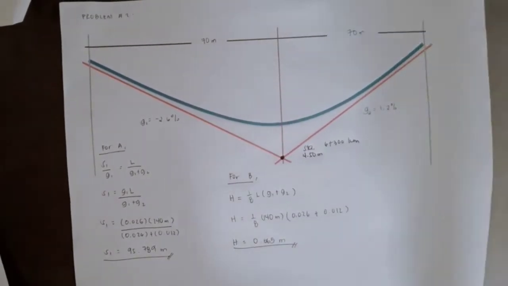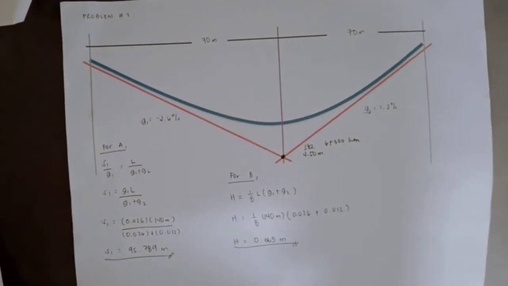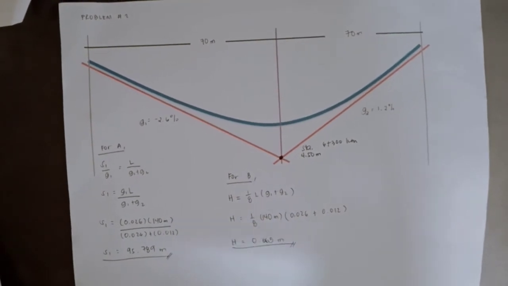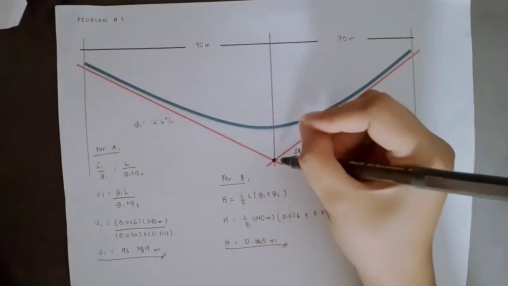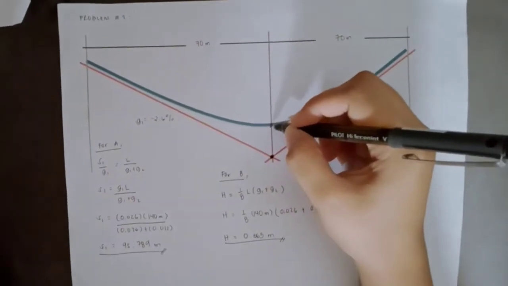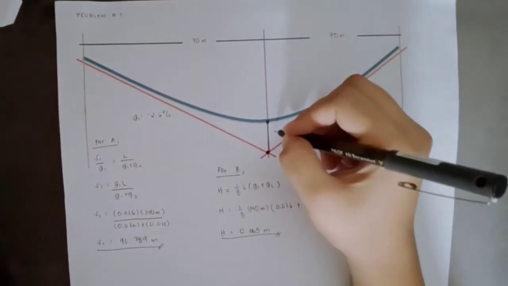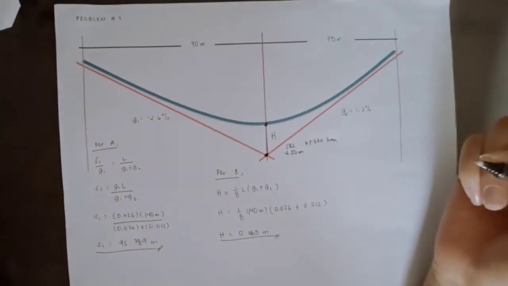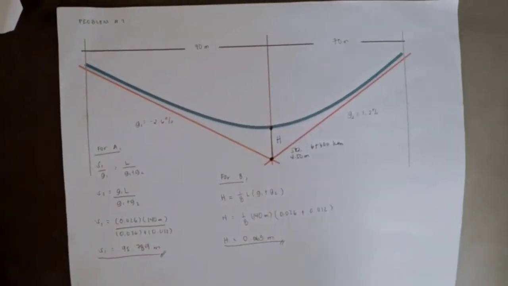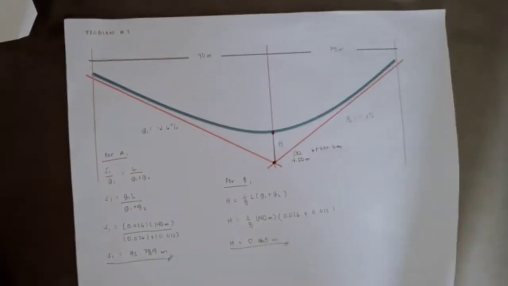Naman, sabi kasi doon, determine the vertical distance between the point of intersection and the curve. This is the point of intersection. And this is the curve. So, if we're going to look for the distance, it is just simply the h. Okay? And we already have the formula of how to get the h.